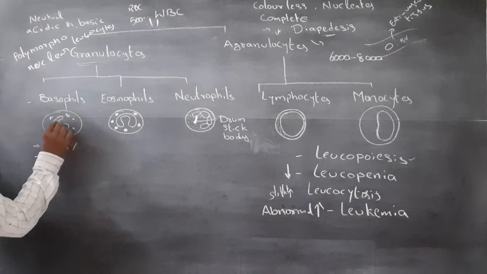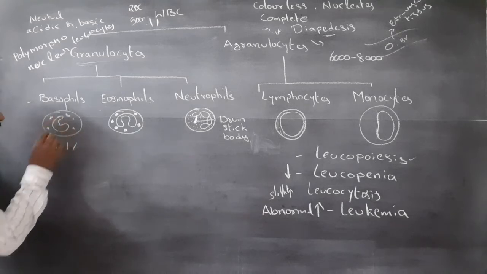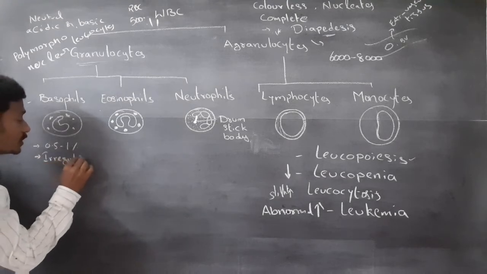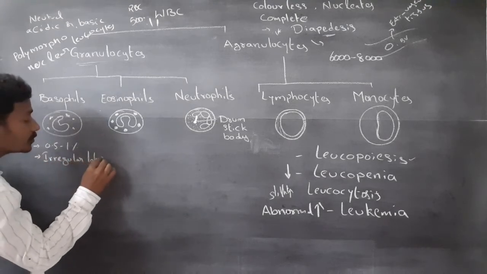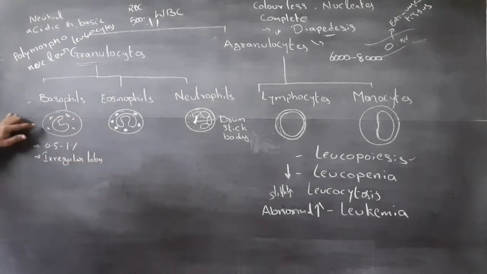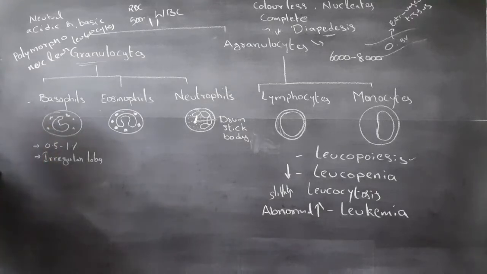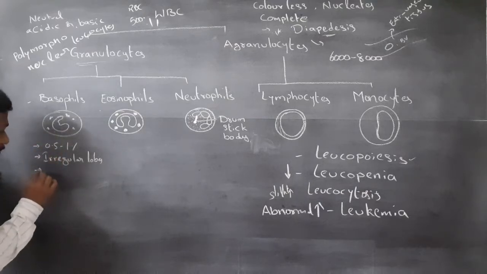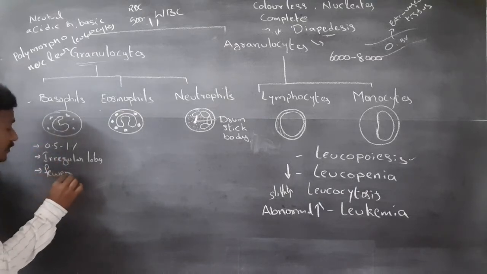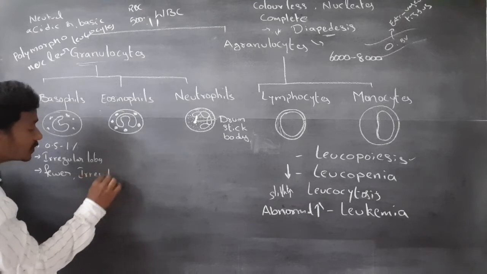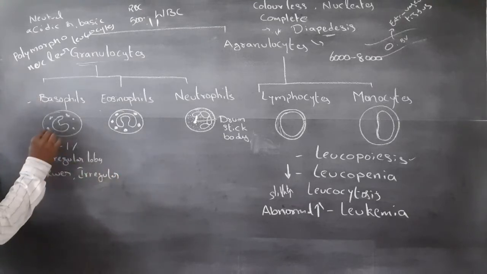The nucleus is divided into irregular lobes. The cytoplasmic granules are few and irregular in shape.